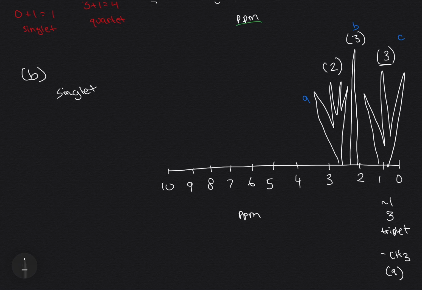So we know that it is next to no hydrogens, because a singlet is n plus 1, which would be 0 plus 1 equals 1. So we know that next to it there are no hydrogens. It has 3 hydrogens on this signal. Its integration number is 3. So what has 3 hydrogens? It's probably a methyl group again.